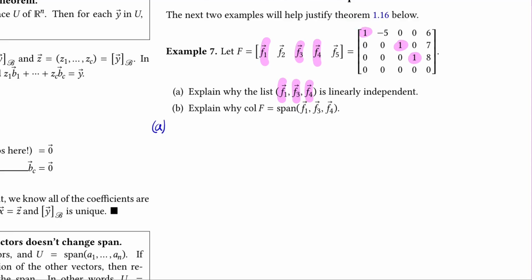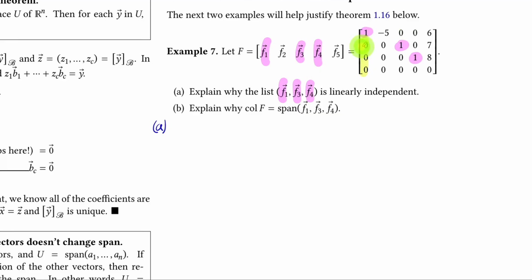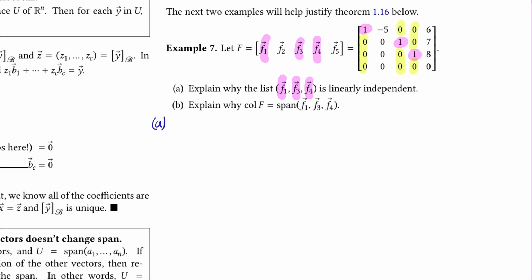And because every pivot is in a different row and a different column from the others, because you have the whole staircase thing, that means that each of these 3 columns has a 1 in a different row than the other pivot columns, and everything else is 0. And that's true for any reduced row echelon matrix.